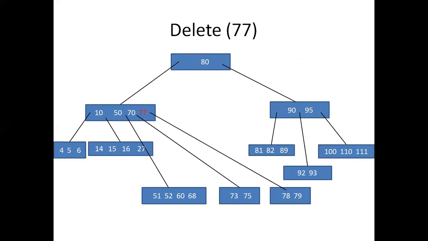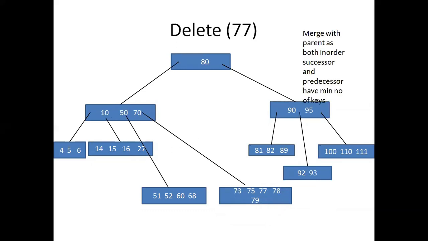Now the last case, where you want to delete the value 77. If you go for the in-order predecessor, that option is not available as it has the minimum number of keys. The in-order successor also has the minimum number of keys. So you cannot borrow from this either. So what will you do? In this case, you have to merge with the parent, as both the in-order successor and predecessor have the minimum number of keys.